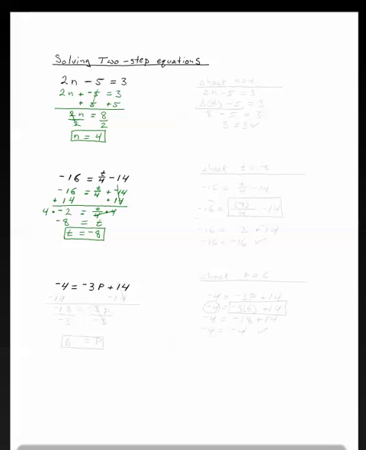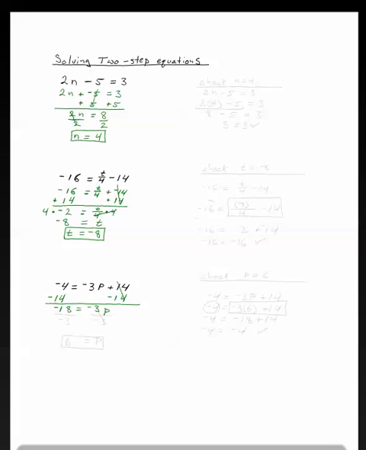So the first thing we want to do is isolate the negative 3p, which means we want to get rid of the 14, so we subtract 14. 14 minus 14 is 0, so that term cancels, and we're left with negative 3p. Negative 4 minus 14 is negative 18. So we've got negative 3p equals negative 18.